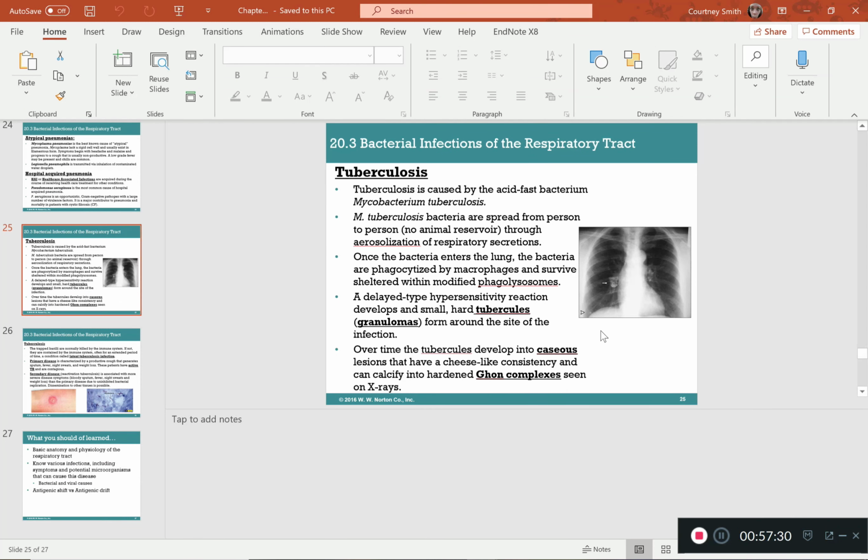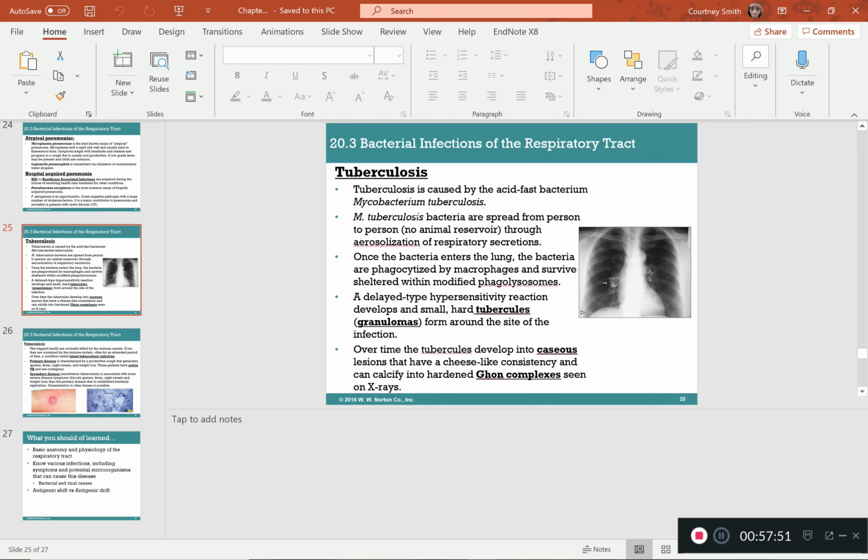I would show you an image similar to this one. I would say a Ghon complex shown in the figure indicates an infection caused by, and in that case you would answer M. tuberculosis. So that's how a good chunk of the questions are going to be.